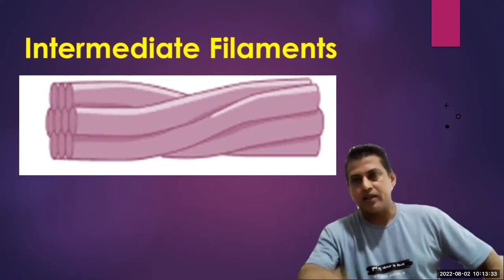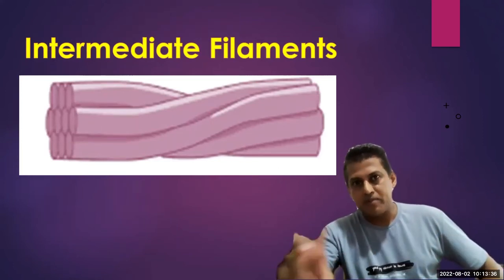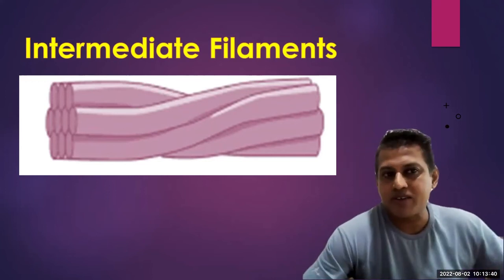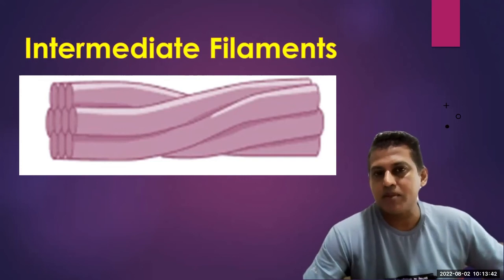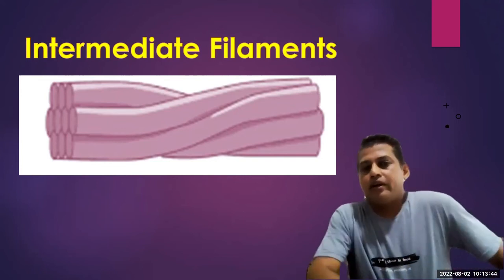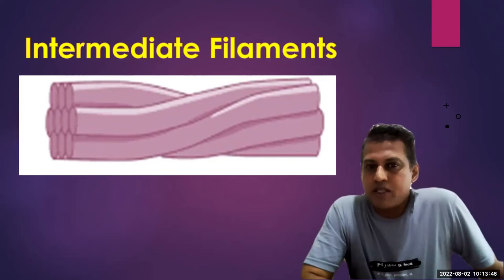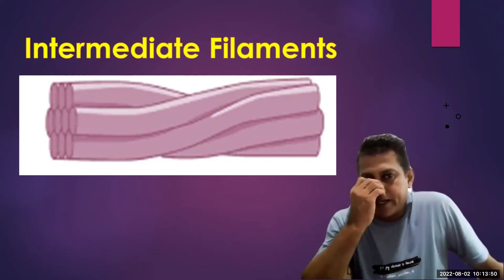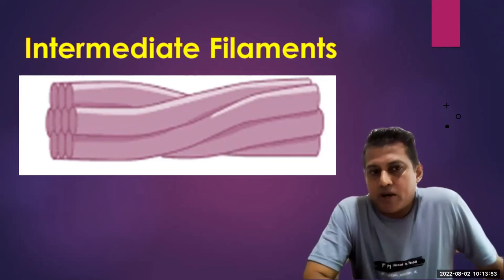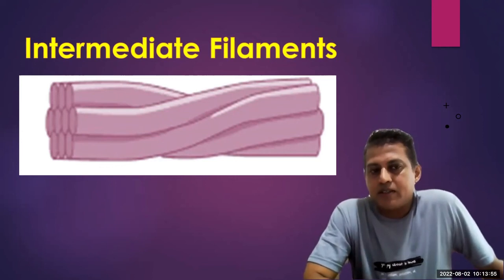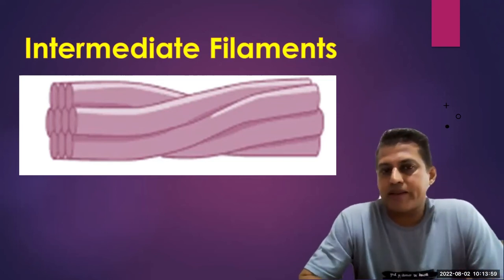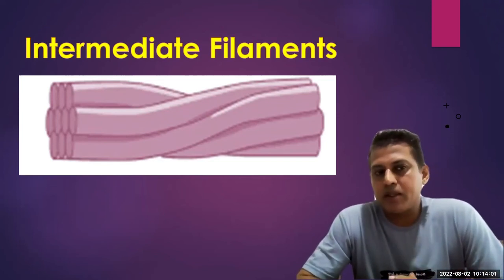Actin makes one filament and another filament, and then they intertwine to make the microfilaments. Now, intermediate filaments: many proteins can be made into intermediate filaments. One type of protein is keratin. So many keratin proteins make the collection to make the intermediate filaments.